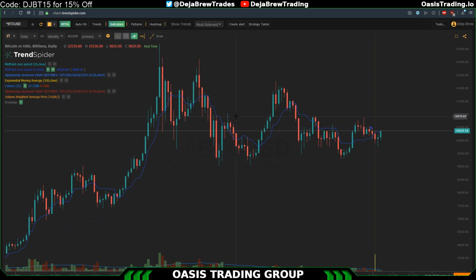It's going to be pretty transparent. If you do that for secondary, it's going to do the same thing, but for the longer time frame. The longer time frame is going to be lighter, and the shorter time frame is going to be more transparent. If you go to both, they're going to be the same level of transparency. And then if you go to neither, it's going to make them both very transparent.